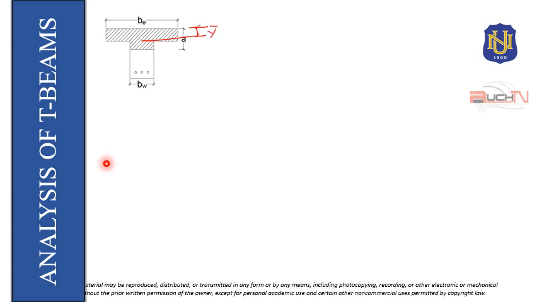So, kaya more on statics part to kasi we will be using the Varignon's theorem. So, Varignon's theorem will be equivalent to A y bar is equal to A1 times y1 plus A2 times y2.